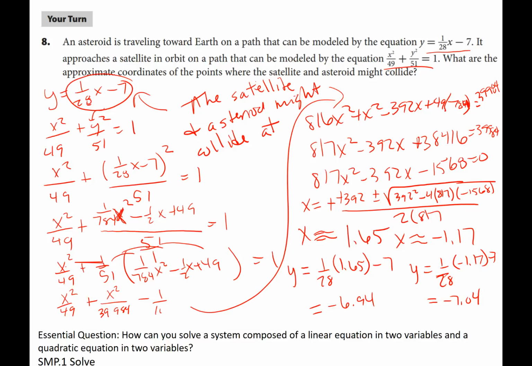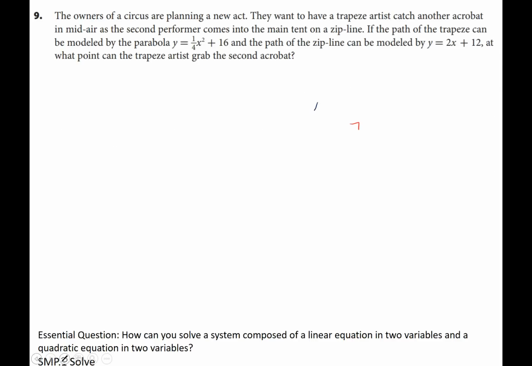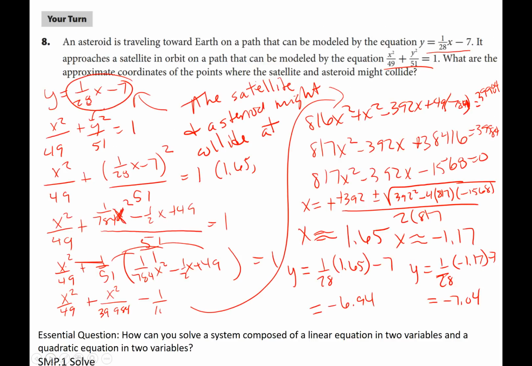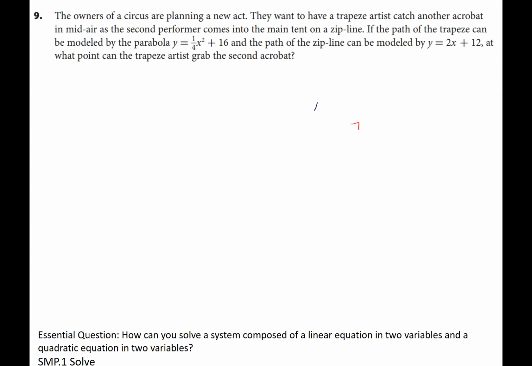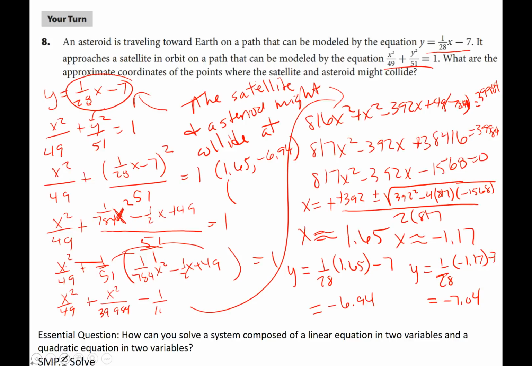Okay, so one of them was an x value of 1.65 and a y value of, sorry, it keeps jumping, negative 6.94.